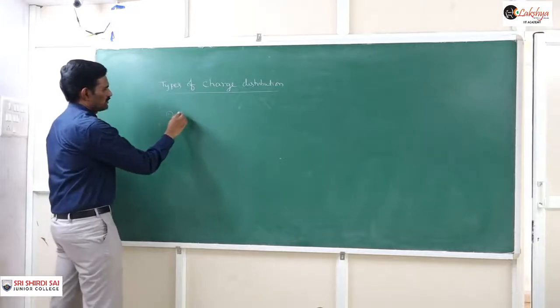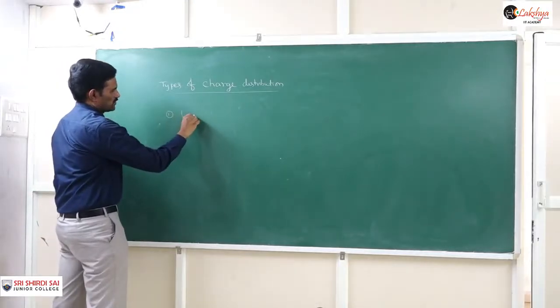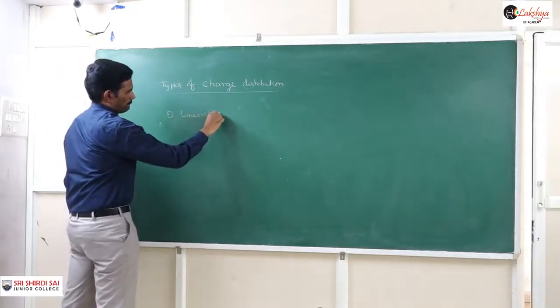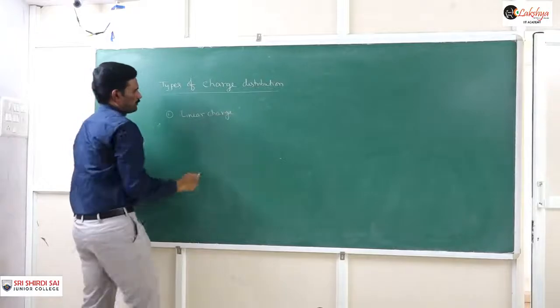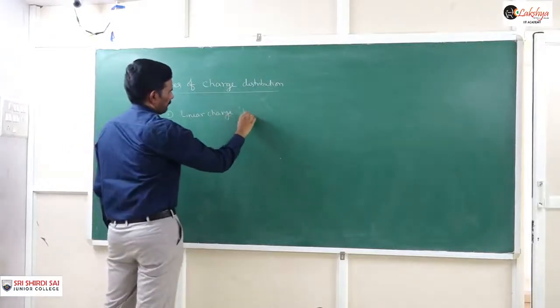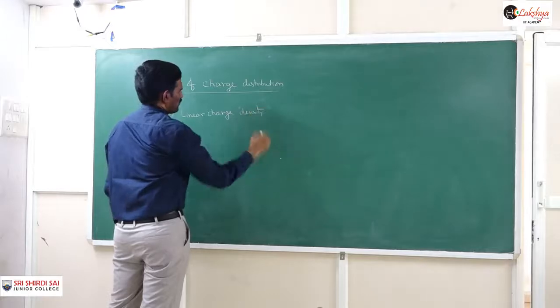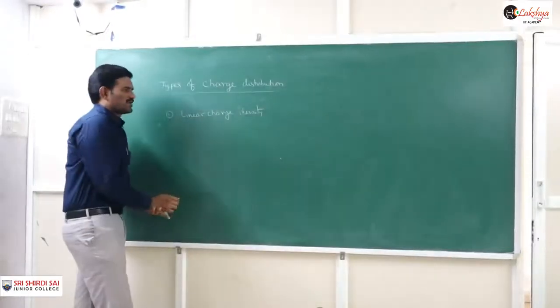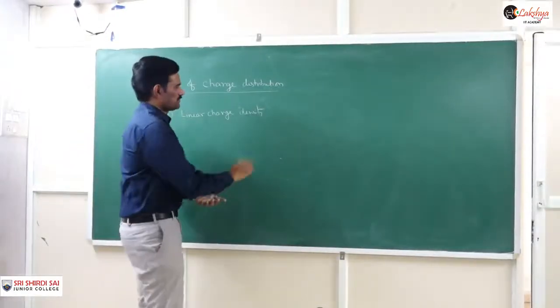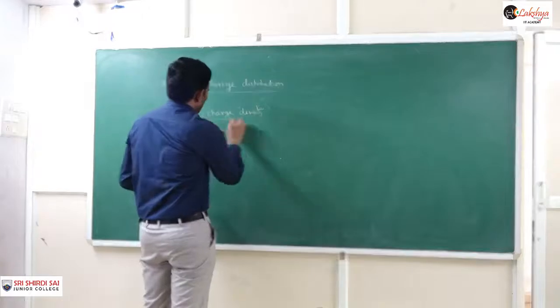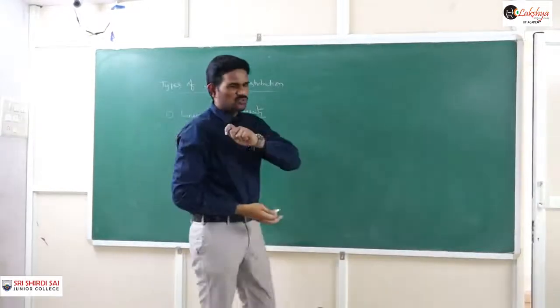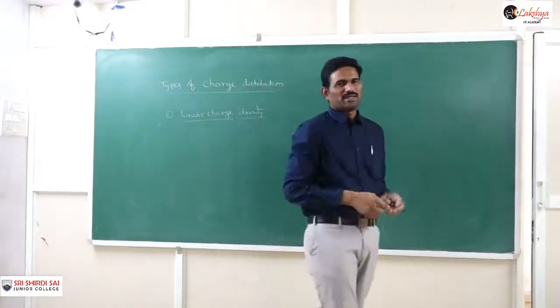One is linear charge distribution, which we define by linear charge density. Let us see the definition of linear charge density. We define the linear charge density when the charge is distributed on a one-dimensional object, like a wire.